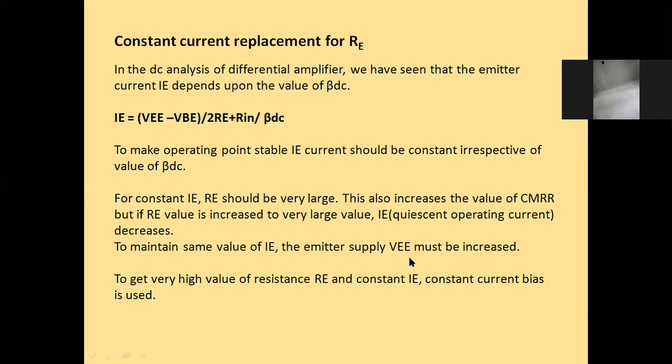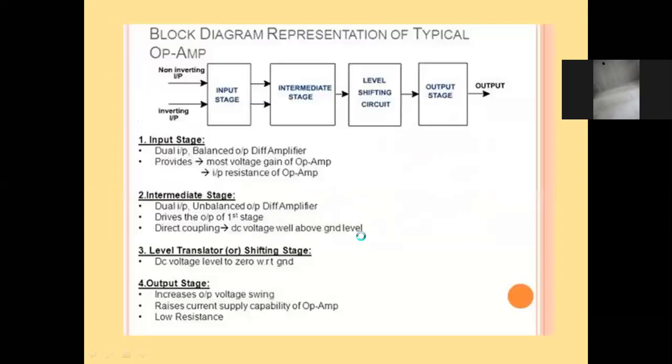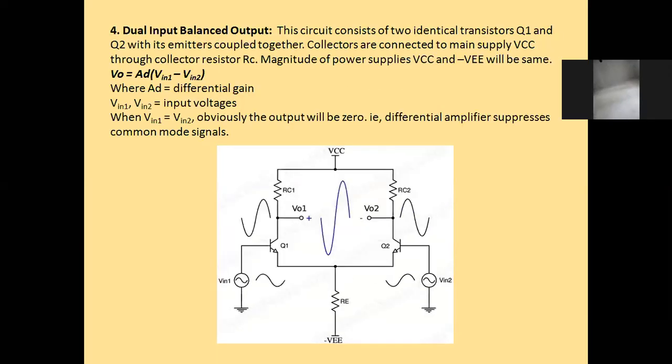Okay, so what we did in the figure, in differential amplifier figure, it is observed that we are connecting the emitter of Q1 and the emitter of Q2 through a common resistor, that is RE, and it is connected to VEE.